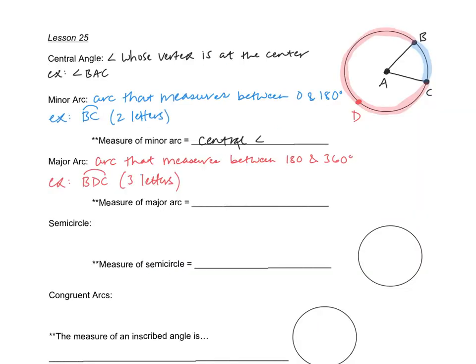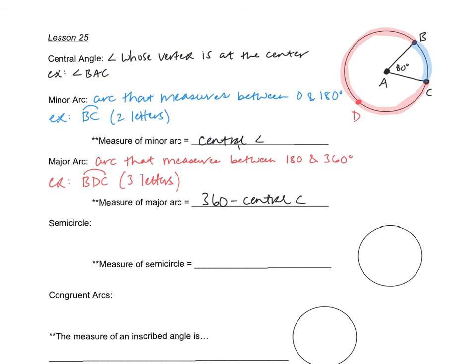All right, we are going to continue filling out our word wall here. So let's start right where we last left off, looking at the measure of the major arc. To find the measure of our major arc, which we have in red, it's going to be 360 degrees minus whatever we got as our central angle. Now, I'm going to do an example just to prove it to you. Let's say we know the measure of our central angle is 80 degrees. So I'm going to label 80 degrees here.